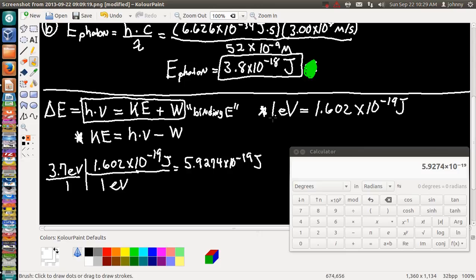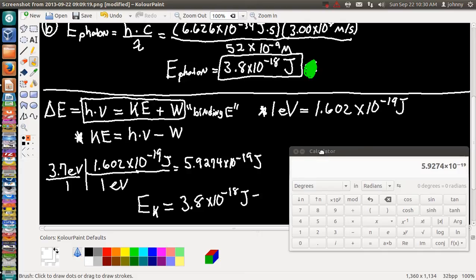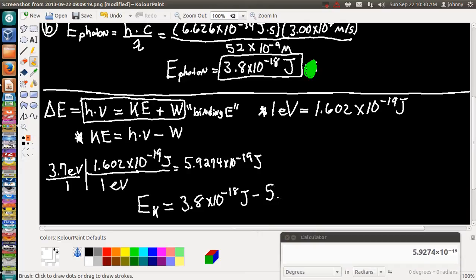So we need to put that into this equation. The kinetic energy, which is EK, is equal to the H times V, which is the 3.8 times 10 to the negative 18 joules that I have right there, minus my binding energy, which is 5.9274 times 10 to the negative 19.